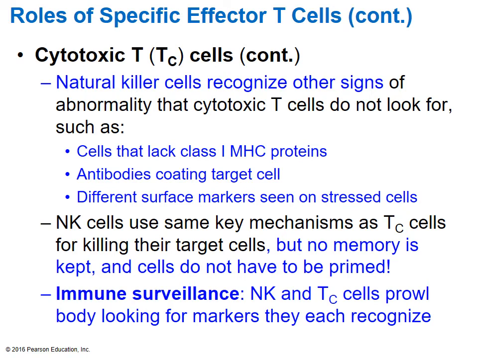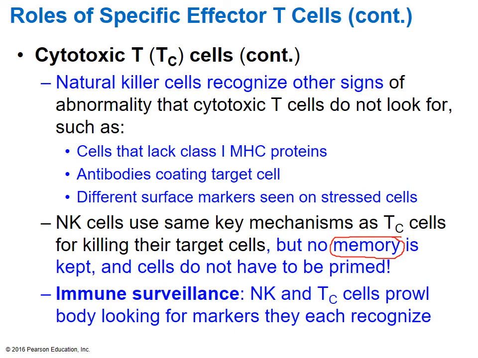They can also look for antibody coating target cells, and they'll look for stress cells that have different surface markers on them. So natural killer cells are able to recognize different categories versus the cytotoxic T cells. The natural killer cells will also have no memory of the event.